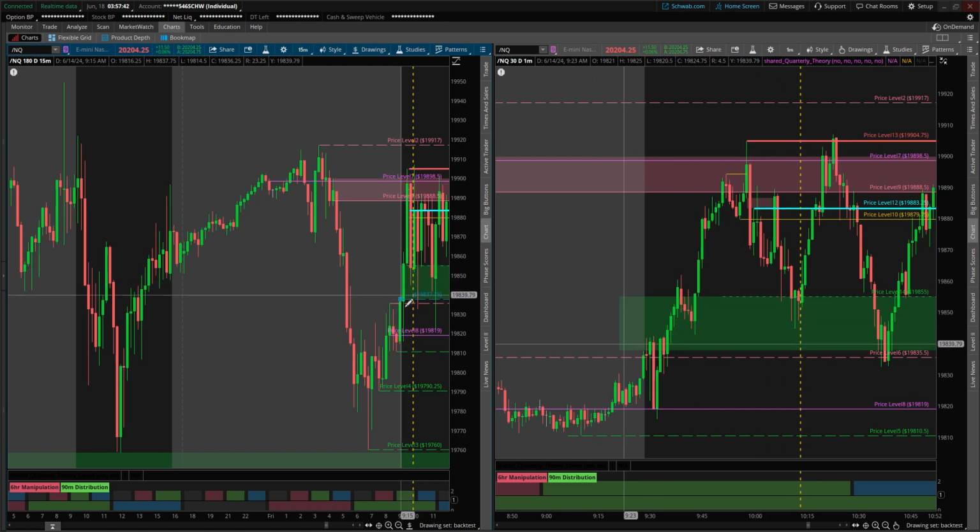Second target was the end of the 15-minute fair value gap, because sometimes price will, what's it called? It will fill the whole fair value gap and then reverse. And sometimes it just taps it. So obviously first target's going to be, if it just taps it, it may reverse. Second target's at the end of the fair value gap, just in case it also reverses there. So we're going to mark this out.